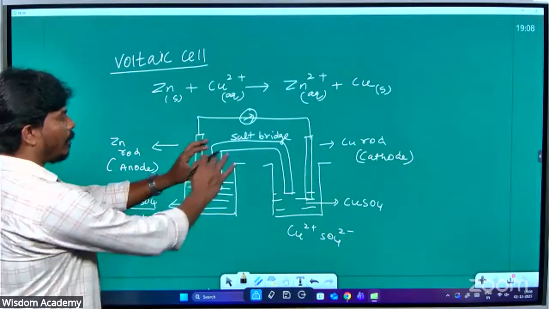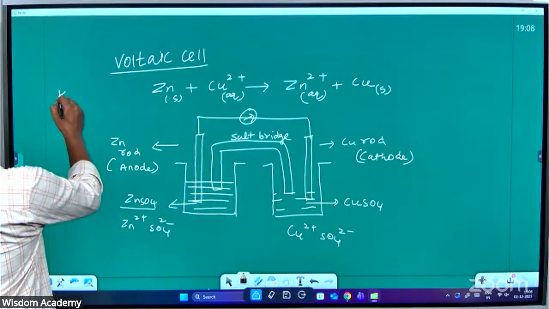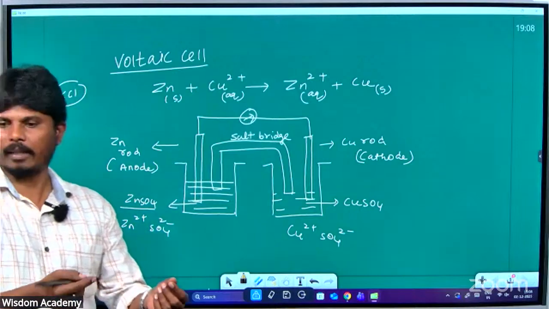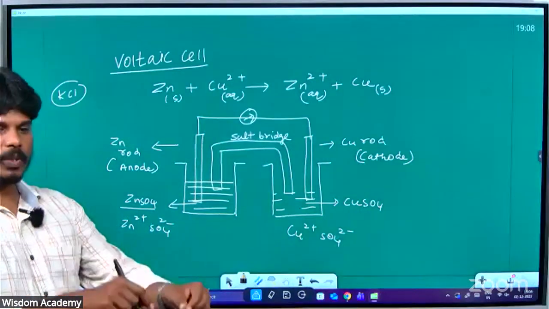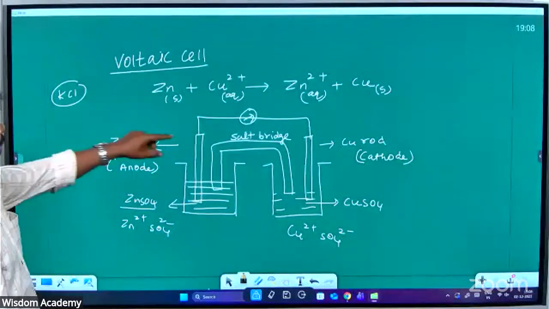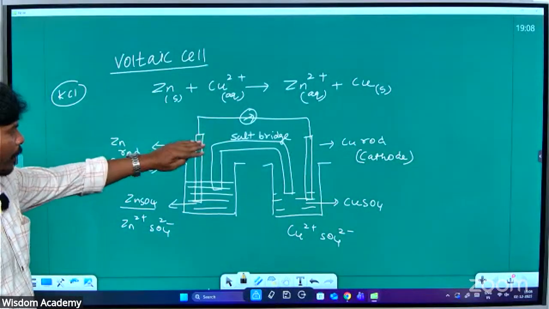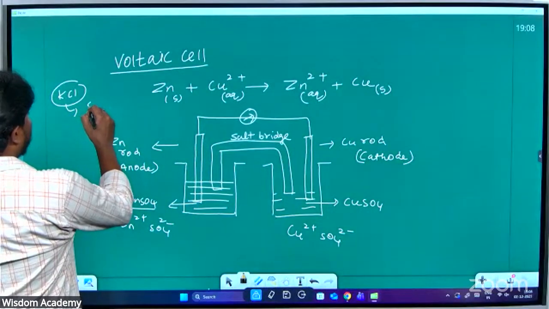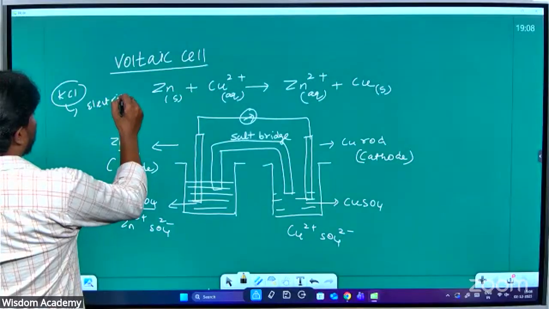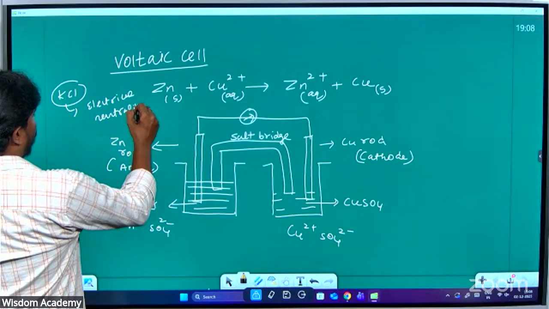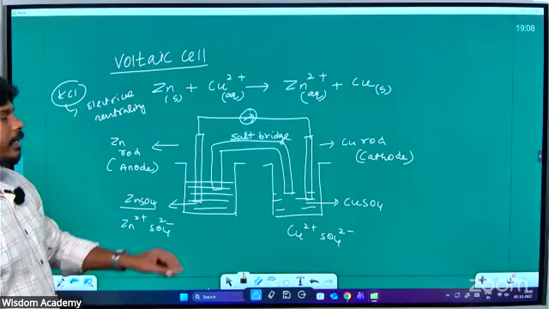The salt bridge, for example KCl, is prepared like this: you may have seen filter paper, they dip the filter paper in KCl solution and dry it. That acts as a salt bridge. The main role of the salt bridge is to maintain electrical neutrality. This is a simple setup.